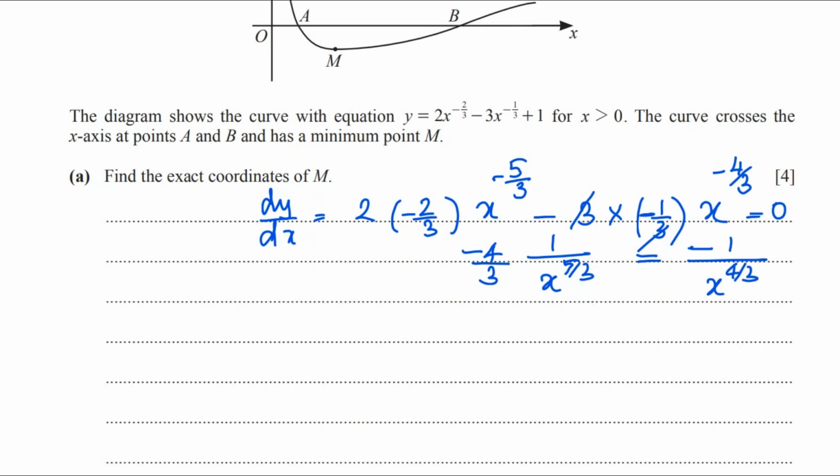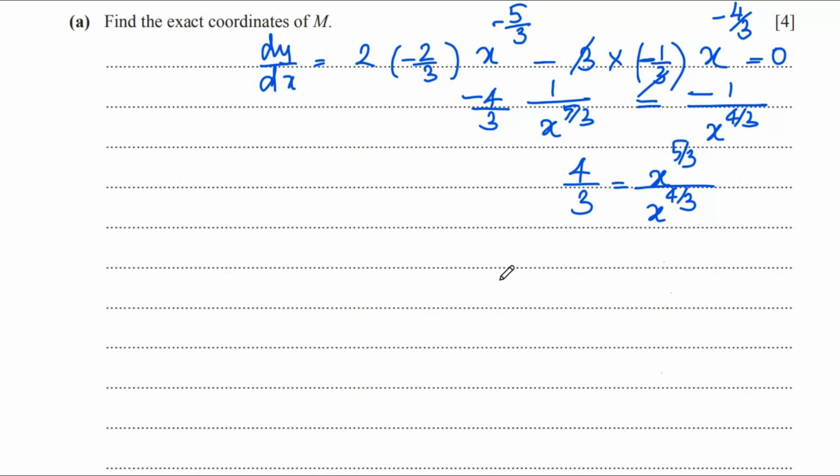So this can be written as 4 over 3 equal to x power 5 over 3 divided by x power 4 over 3. X power 5 over 3 multiplied by x power negative 4 over 3 will give x power 1 over 3 equal to 4 over 3.